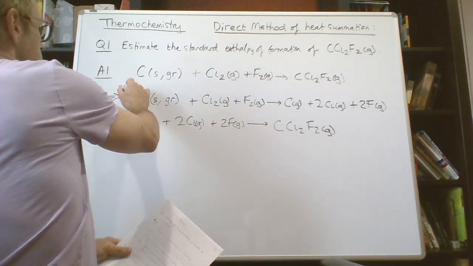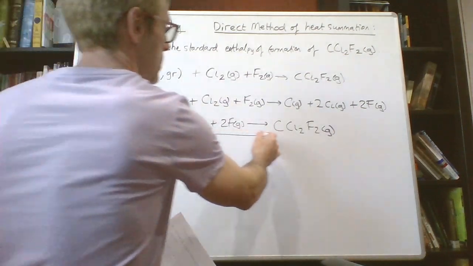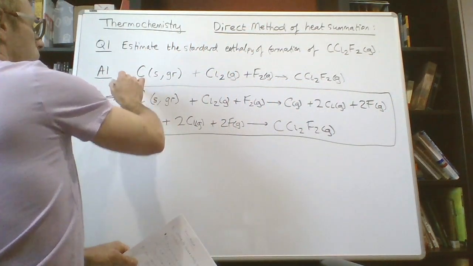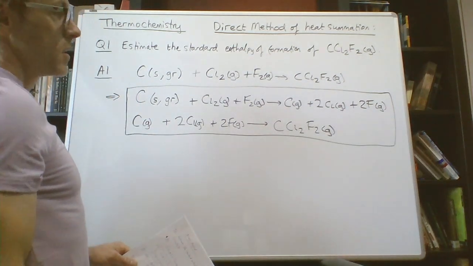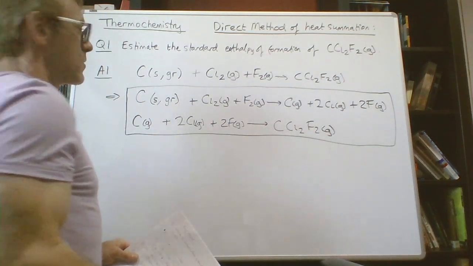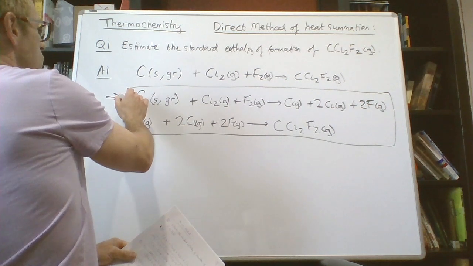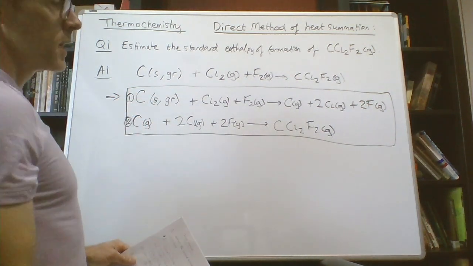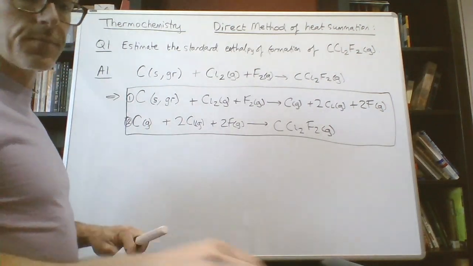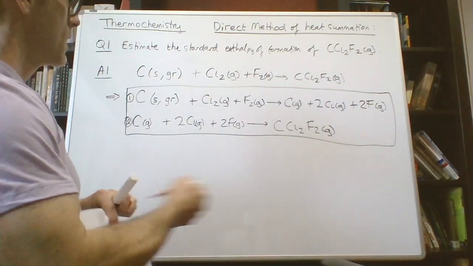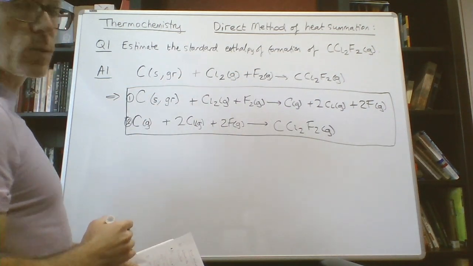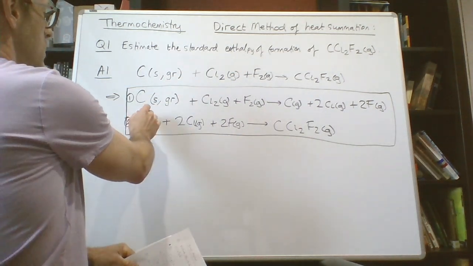Okay, so let's look at this real quick. We'll call this equation 1 and 2. Let's call this equation 1. Let's call this equation 2. And we can see that we still get our net overall equation because we can cancel spectators.